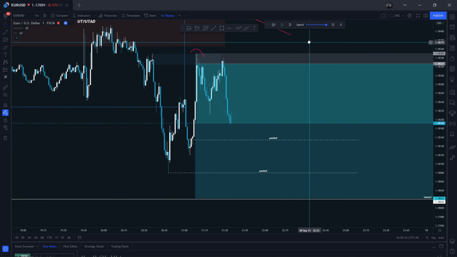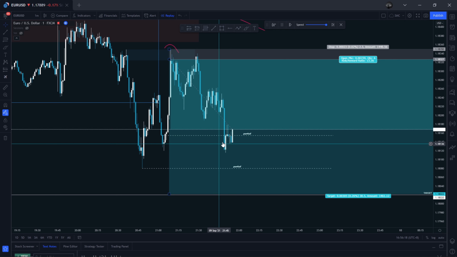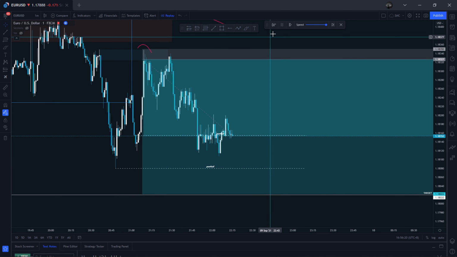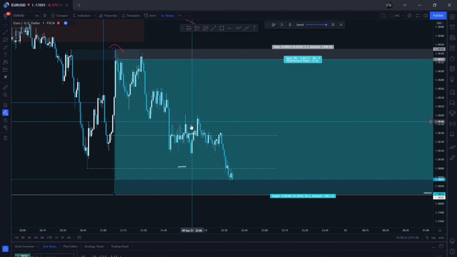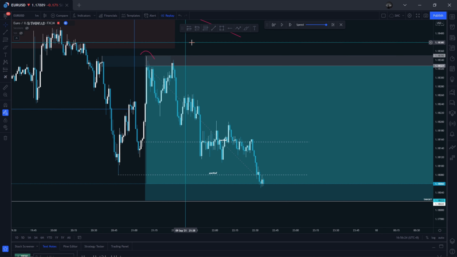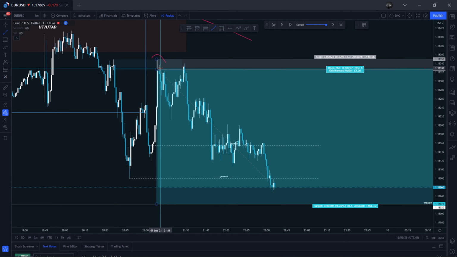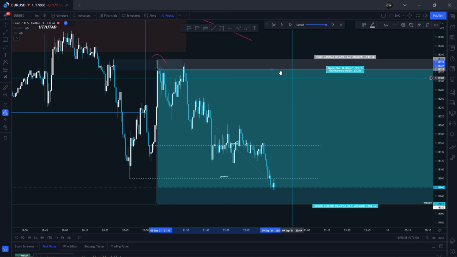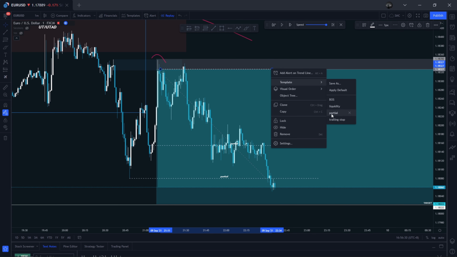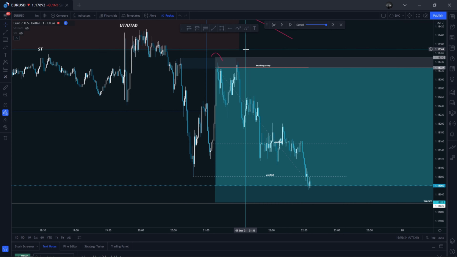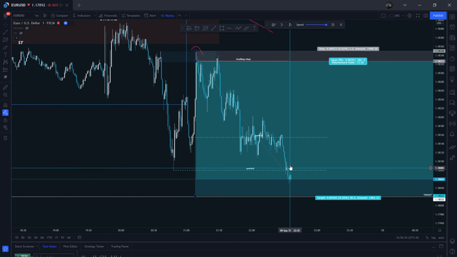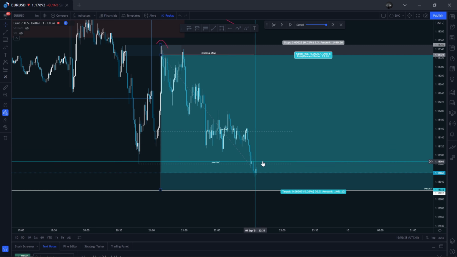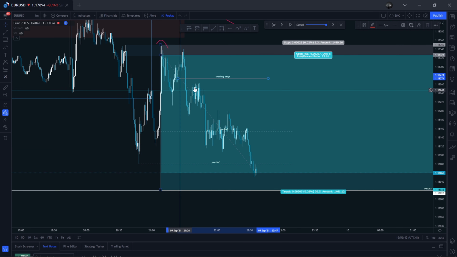So if we play this out, I partialed here and I partialed again. As soon as the price hit my first partial, I then move my stop exactly to my entry point. Then as soon as price hit the second partial, I then move my stop to this point.